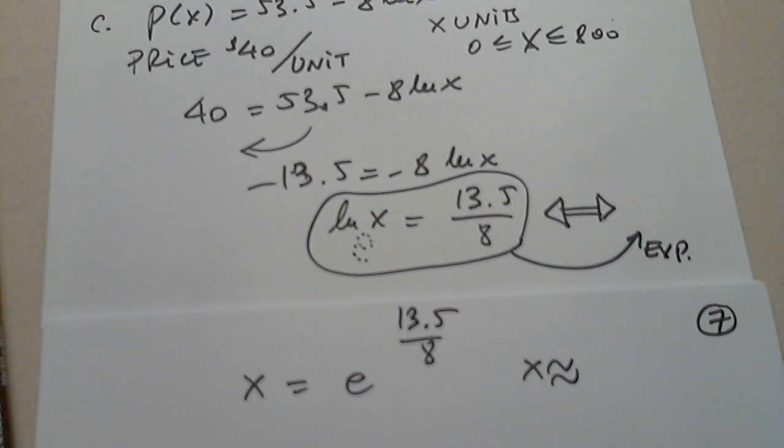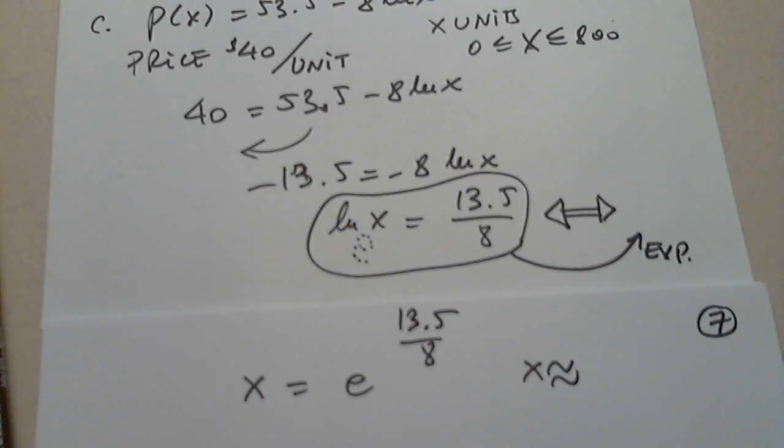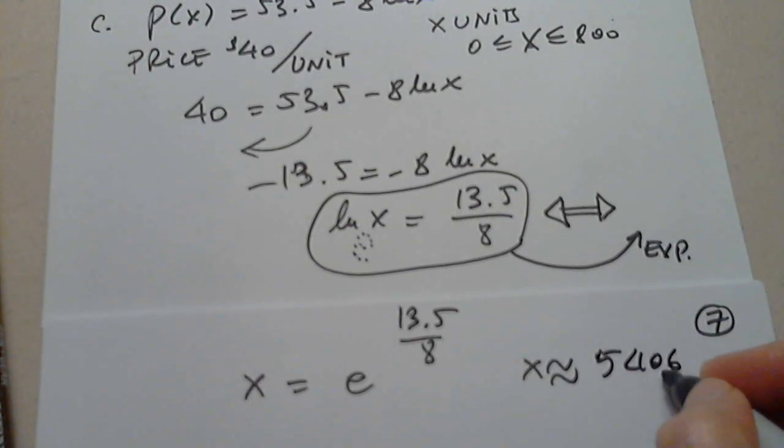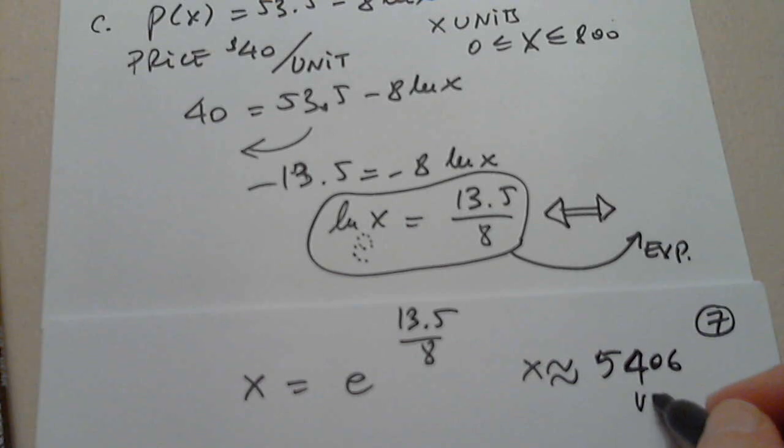So this is multiplied by 1,000. Oh, 800,000. Okay, got it. So it's not 0 to 800, it's 0 to 800,000. Now it makes sense. So at $40, everyone is happy with 5,406 units, games, whatever.